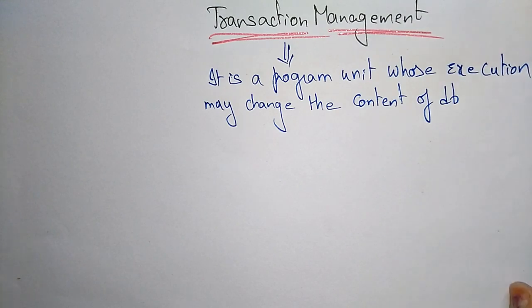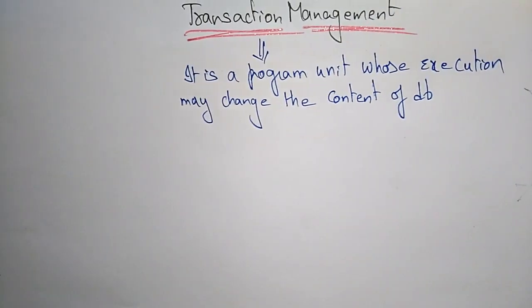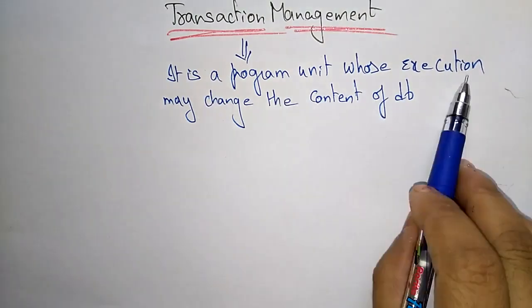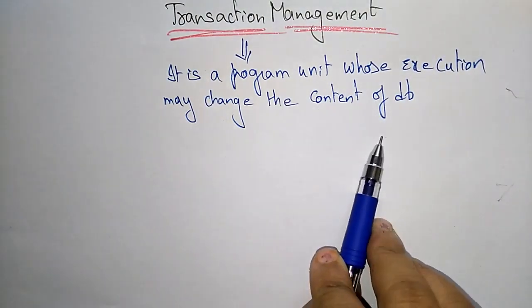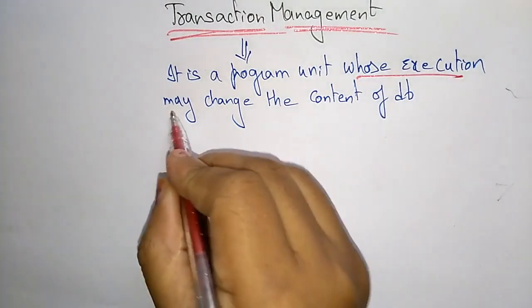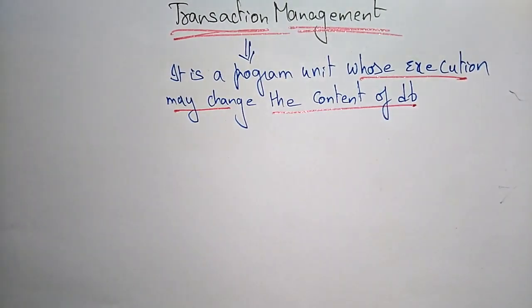So that you call it as a transaction. So here the transaction is a program unit whose execution may change the content of database. So what does it mean, whose execution may change the content of database?